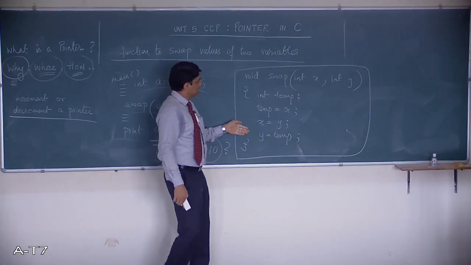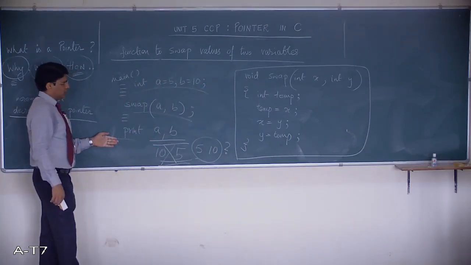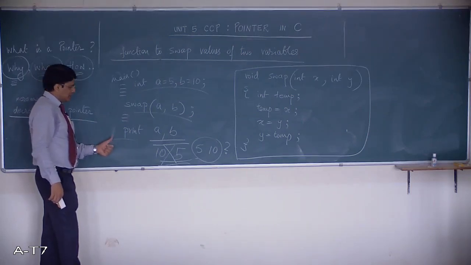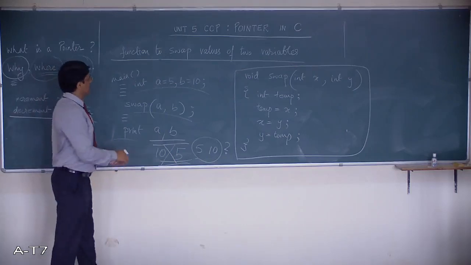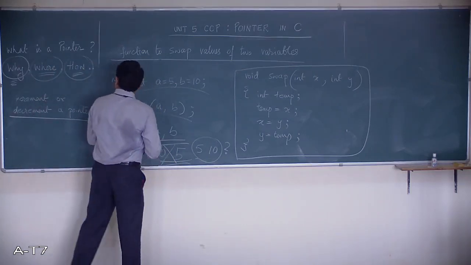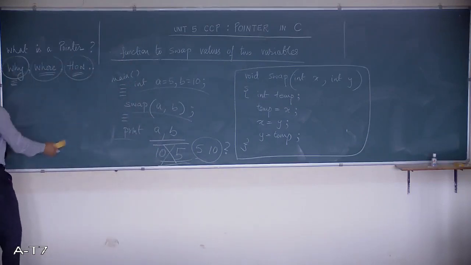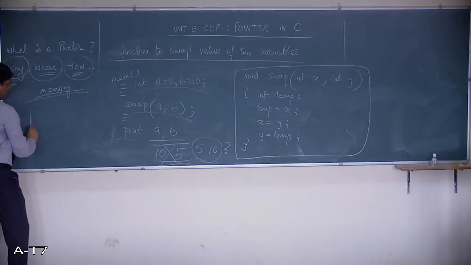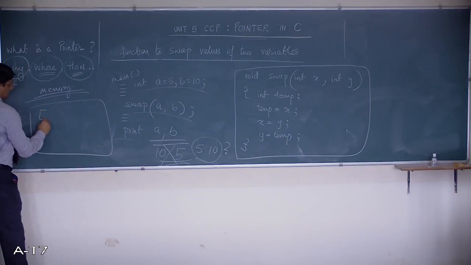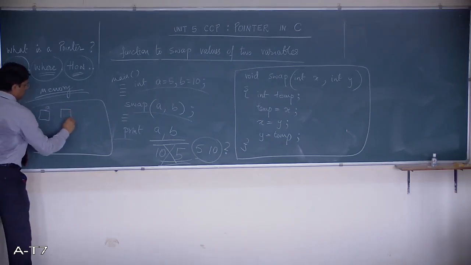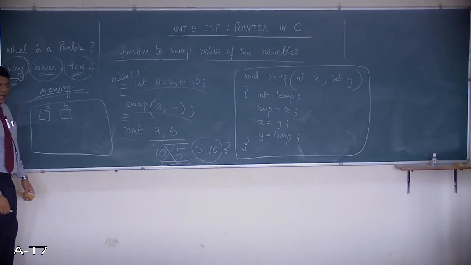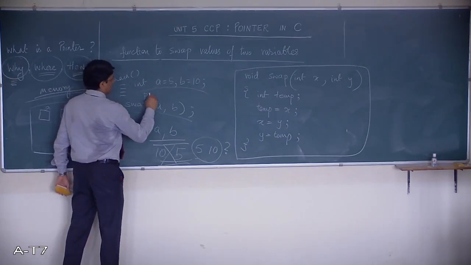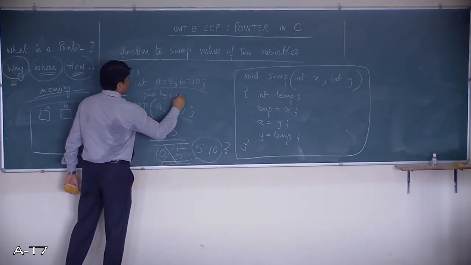This is using a third variable, simple exchange statements, after which you are expecting 10 to have come into A and 5 to have gone into B, but that doesn't happen. You know why it doesn't happen? Because, let me give you a picture of the memory. Imagine this to be memory. This is A, this is B, and when you pass the values, this is called pass by value.